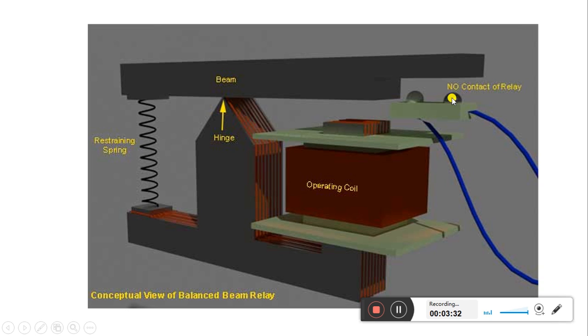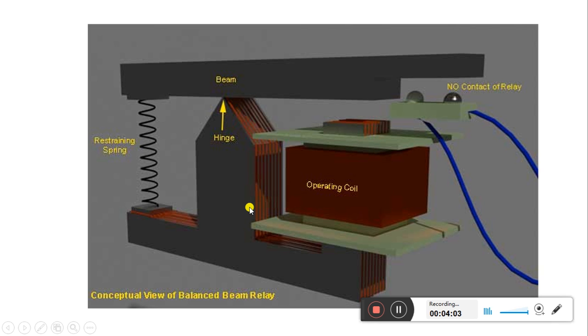It means these contacts will remain in open position. Whenever there is a fault in the system, the fault current will increase sharply and the voltage will go down. It means the ratio of voltage to current, that is the impedance, will be less than the set value, so the relay will operate as a distance protection.